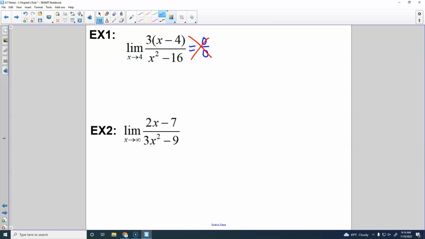But I have found another way that I like better and is a little bit quicker. So here you cannot say that this equals 0 over 0, but you can say it is of the indeterminate form 0 over 0.